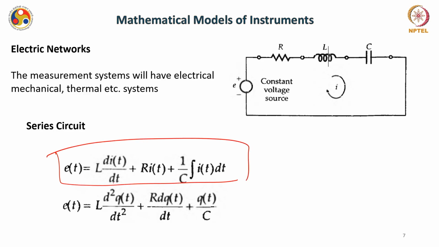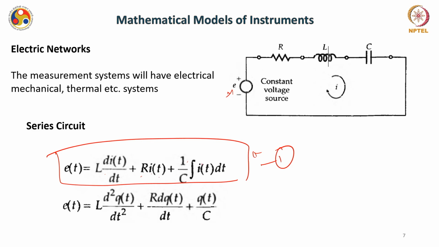So e(t) is equal to, in this case, for example, this e is the voltage, okay, is equal to L di/dt plus R i(t) plus 1/C times the integral of i(t) dt, okay. This can be one of the equations, fine. But please note that this is just one representation of the parameters being utilized in this circuit, okay.